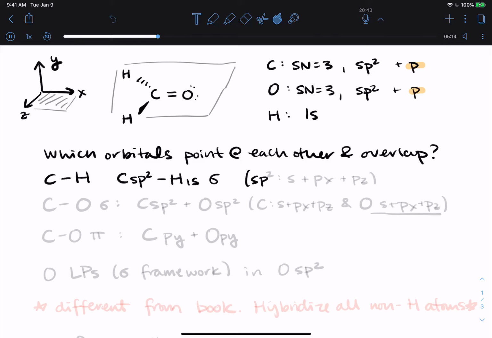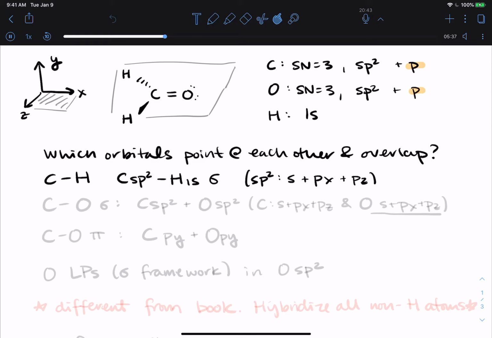So my sp2 is going to be s plus px plus pz. So in order for the bonds to exist in that plane, I need to overlap orbitals that exist in that plane. So there are two of those. I'm only going to have to draw one example, but they're both going to be the same type.